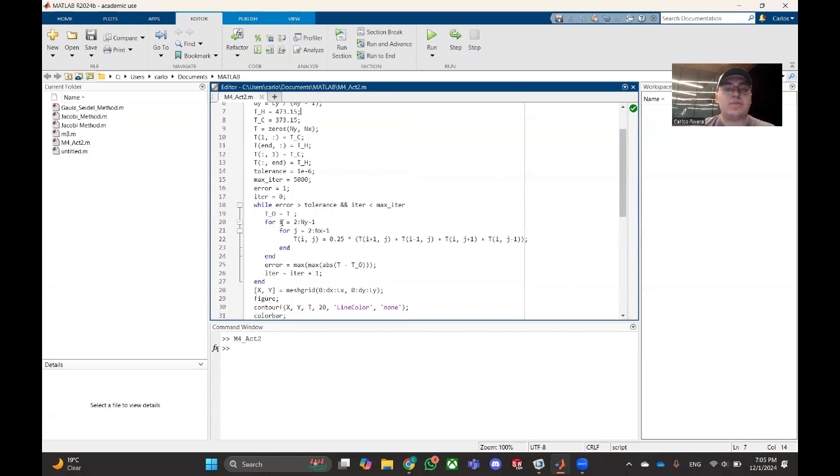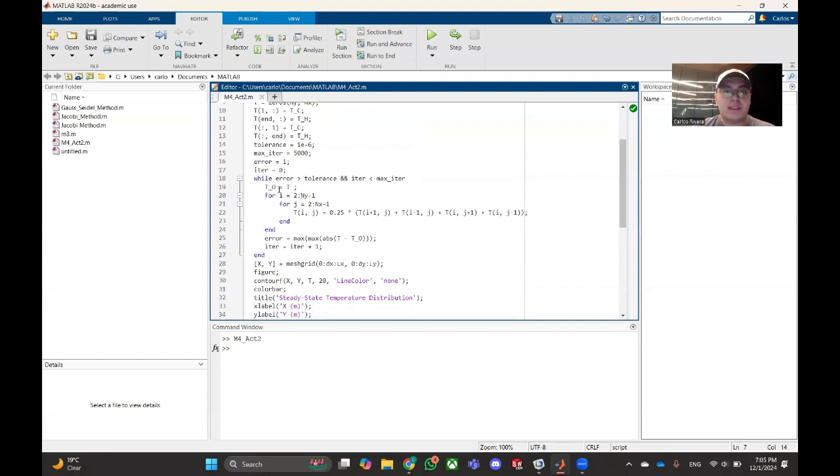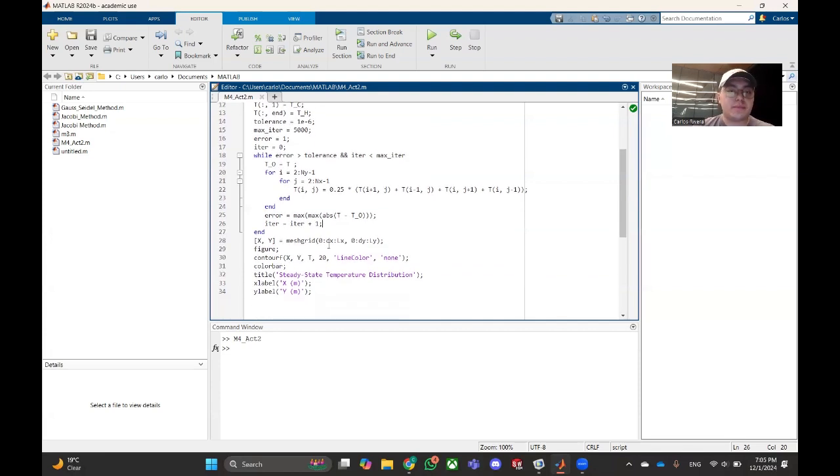And then I had to change the values of i and j to study each node in the code. This makes various iterations until the error is lower than or equal to the tolerance. And to ensure that the iterations don't exceed the maximum iterations, we had to add one after each iteration.